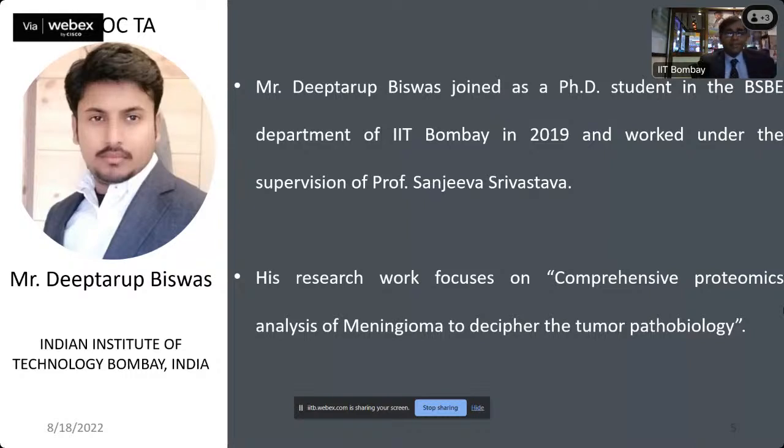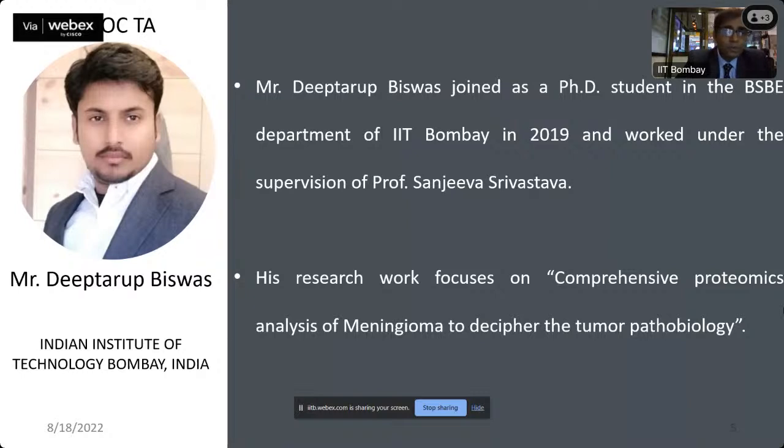All right, and next is Deep Biswas. He's essentially handling the proteogenomics course, and Deep is almost finishing his PhD now. He has been contributing quite actively on the computational side in the lab. In addition to his work on meningioma, he's also contributed actively to BrainProt, a much bigger initiative of making a brain protein database to understand various types of brain diseases.